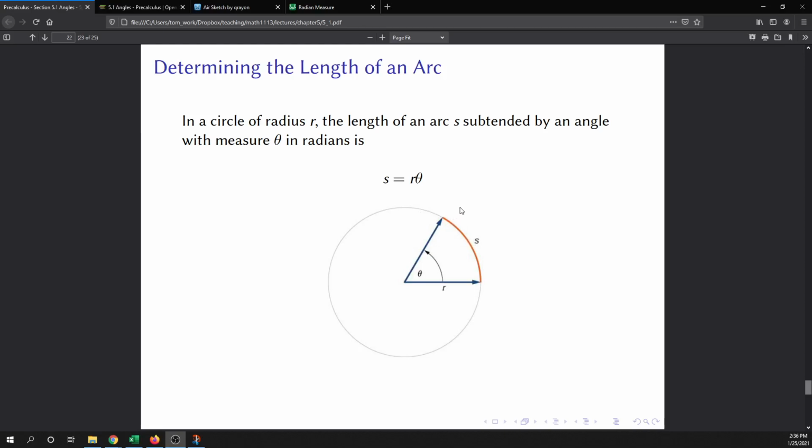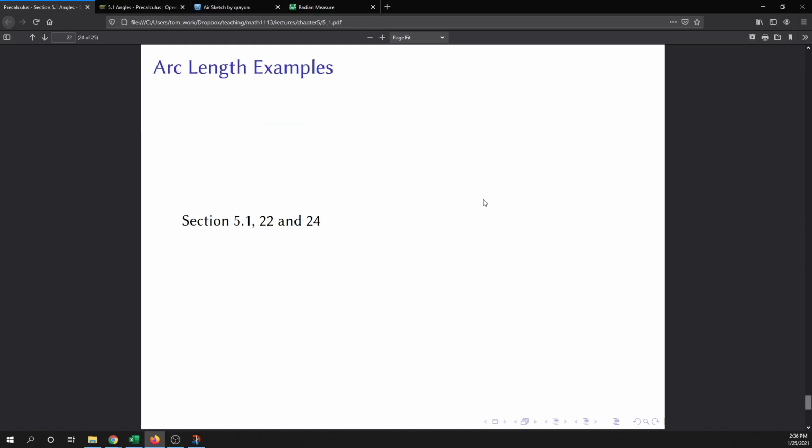So not very difficult. The thing is, though, if you are given the measure of the angle in degrees, you're going to have to remember to convert that into radians before you make this calculation. Okay. All right.